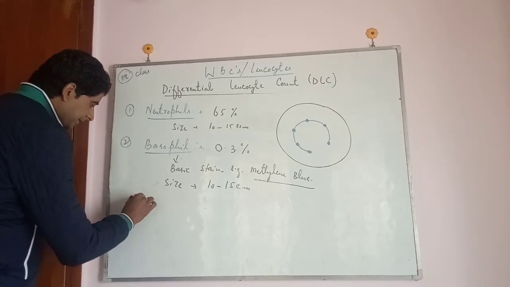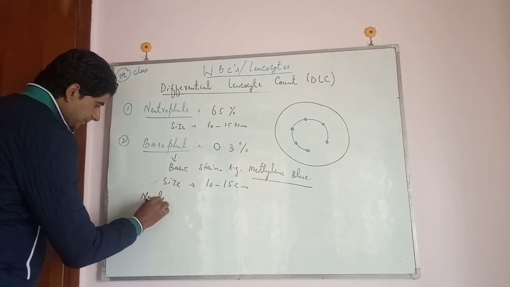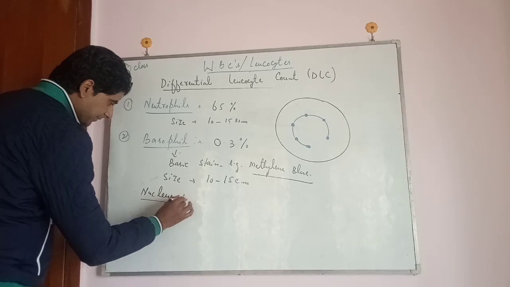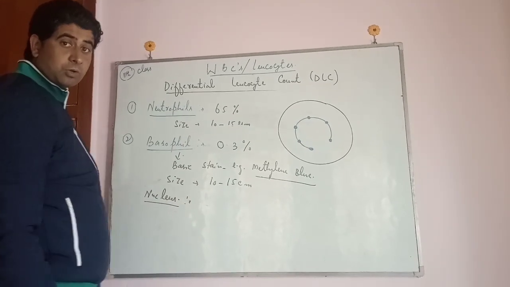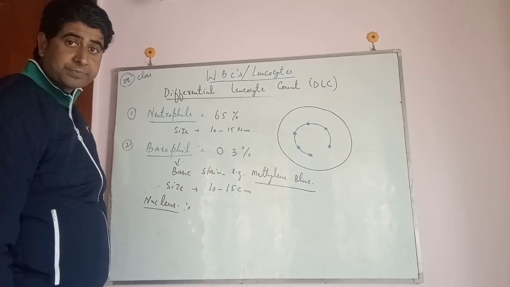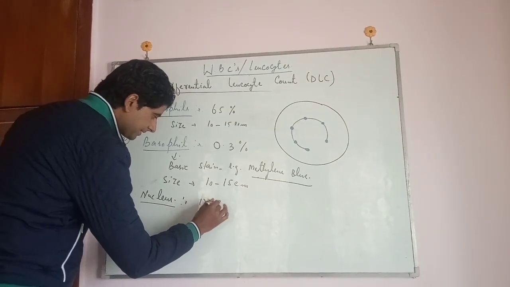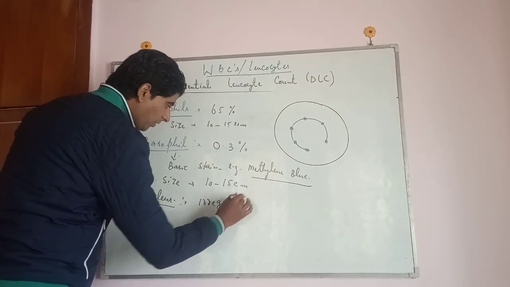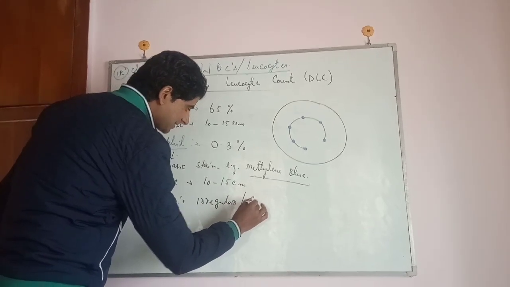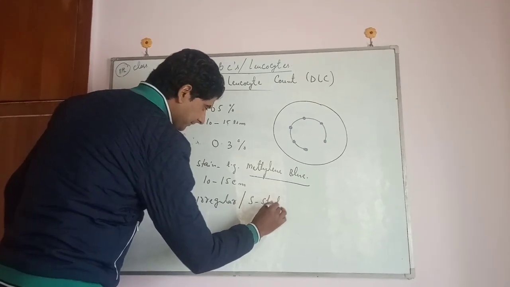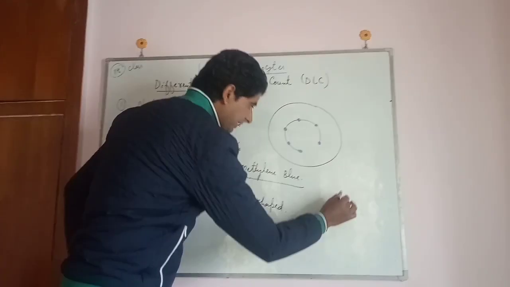Whereas the shape of the nucleus, it is not lobed, rather it is somewhat irregular, or it is S-shaped, just like this.